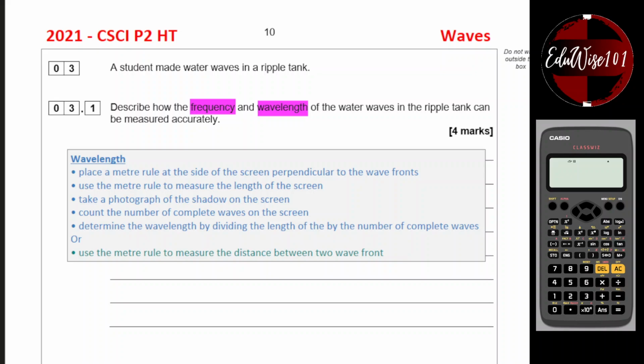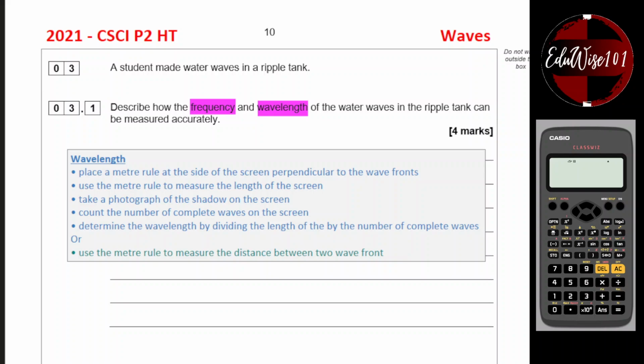In order to measure the wavelength, place a meter rule at the side of the screen perpendicular to the wave fronts. Use the meter rule to measure the length of the screen. Take a photograph of the shadow on the screen.